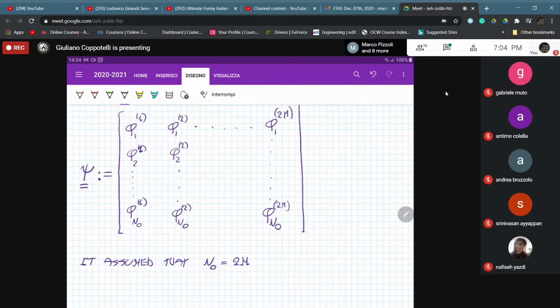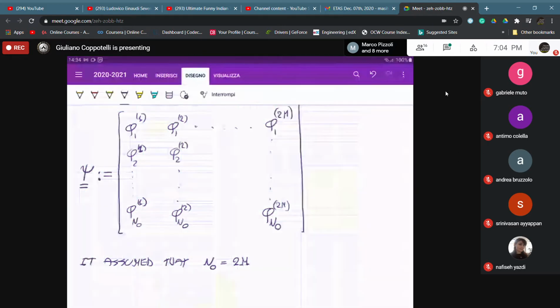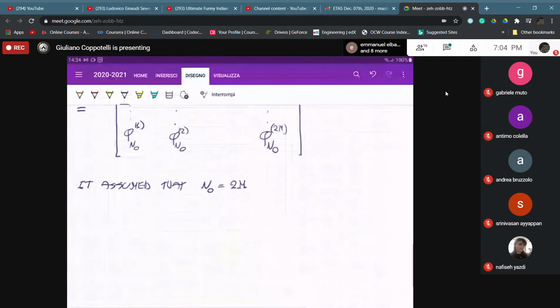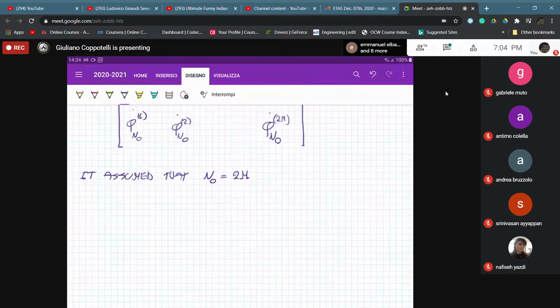Finally, we define the matrix of the natural frequencies, bold capital lambda, in this way.